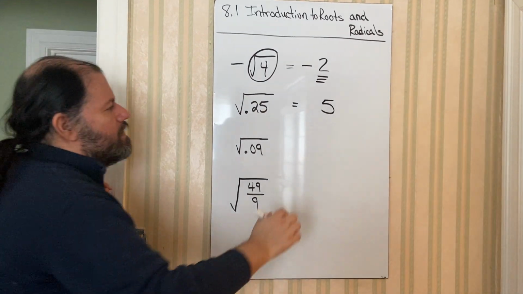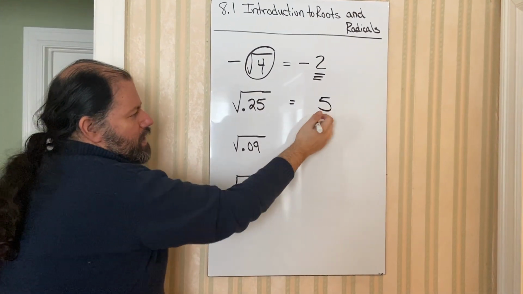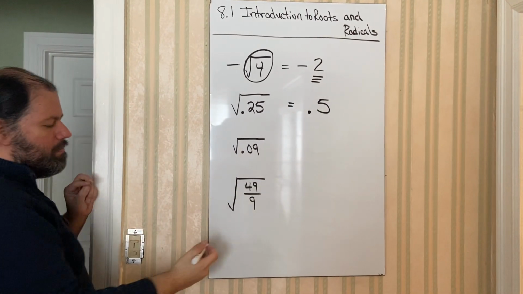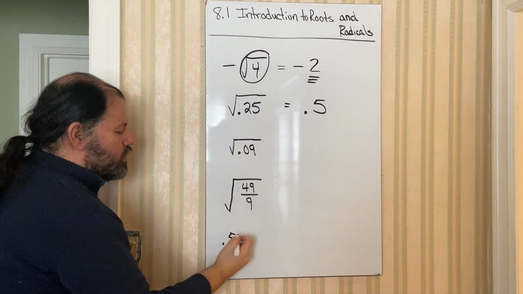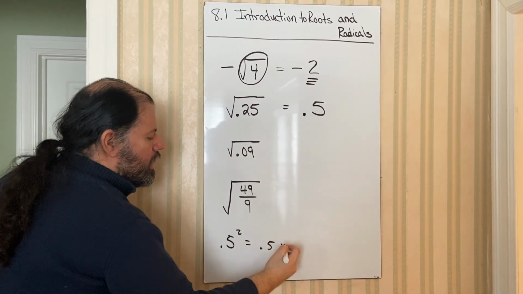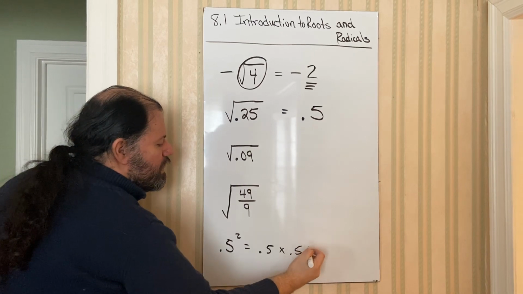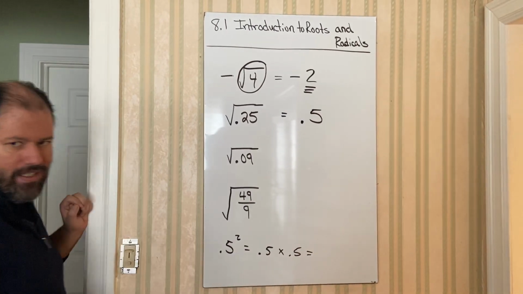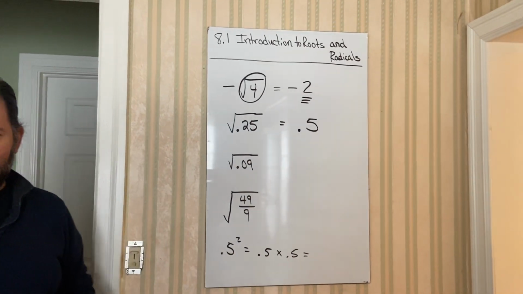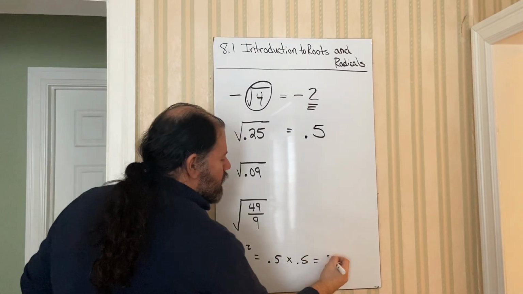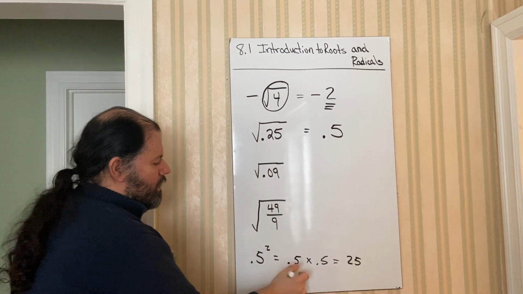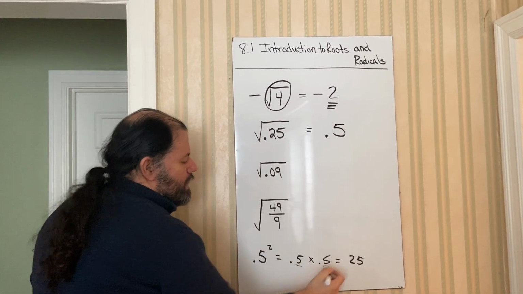So you know that it can't be a whole number. Let's try 0.5. Remember, 0.5 squared would be 0.5 times 0.5. You can either put this in your calculator, or if you're doing it by hand, you know that 5 times 5 is 25. And then how many digits are behind the decimal point? 1 here, 1 here.